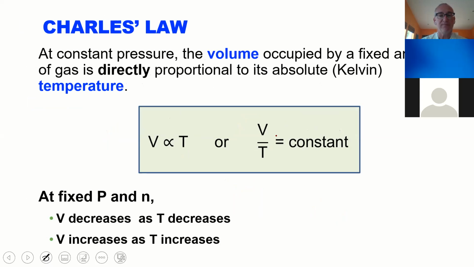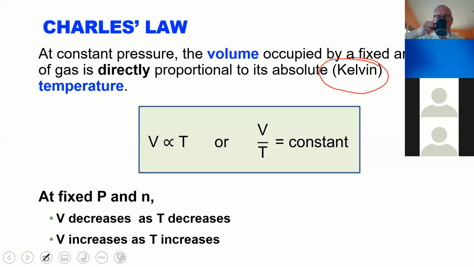Charles's law shows the relationship between volume and temperature. It's also important to remember that when we deal with temperature, it's always Kelvin. It's always absolute. The reason is, can anyone tell me what happens at 0 Kelvin? What happens to molecules at 0 Kelvin?